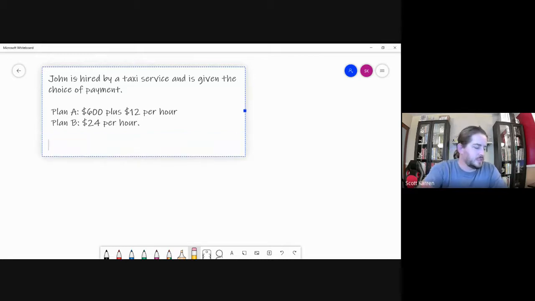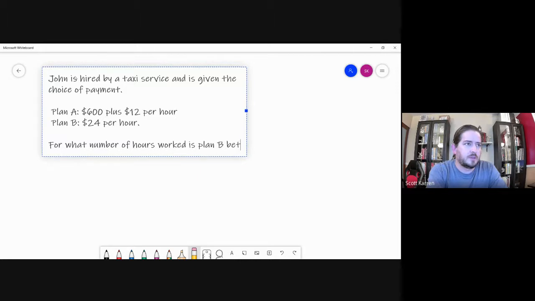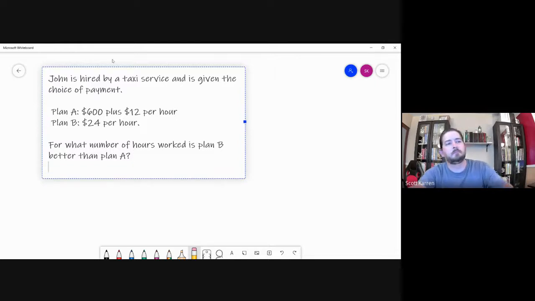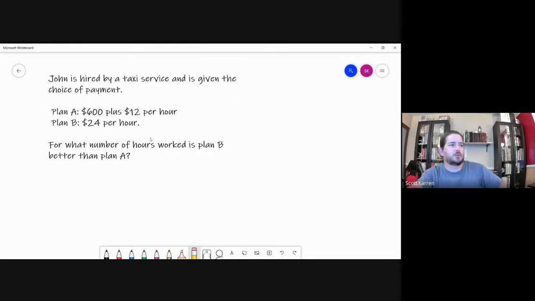And so then the question is, for what number of hours worked, per week or month, it doesn't matter, is plan B better than plan A? So that's our question. That's what we want to figure out.